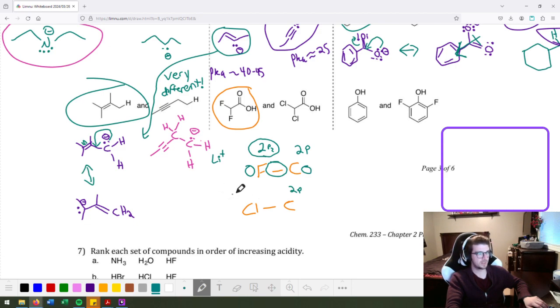The chlorine is in 3p, so it's just saying that the chlorine is going to have a large p orbital, and the carbon will have a smaller one.